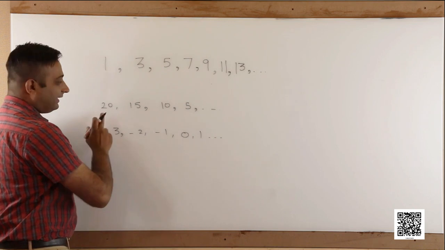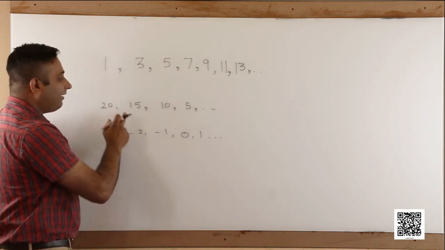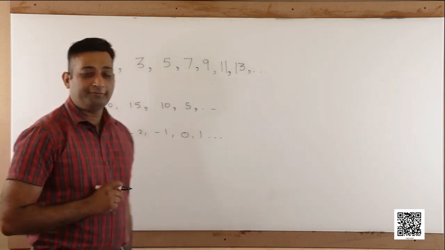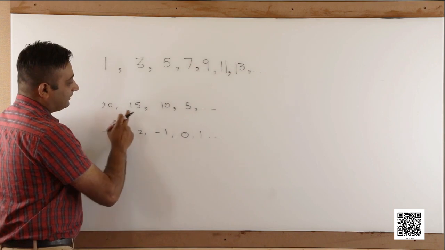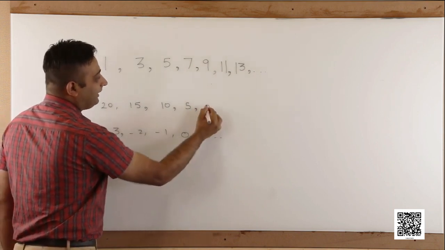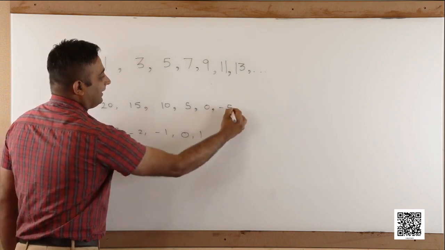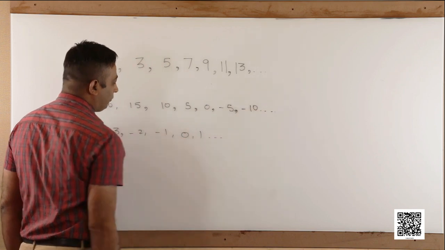In the second list, we can see that the succeeding term is obtained after subtracting 5 from the preceding term, that is 20, 15, 10, 5. The next term would be 0, then -5, then -10 and so on.